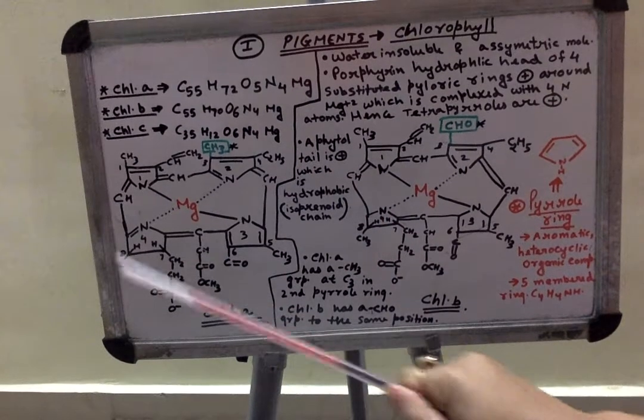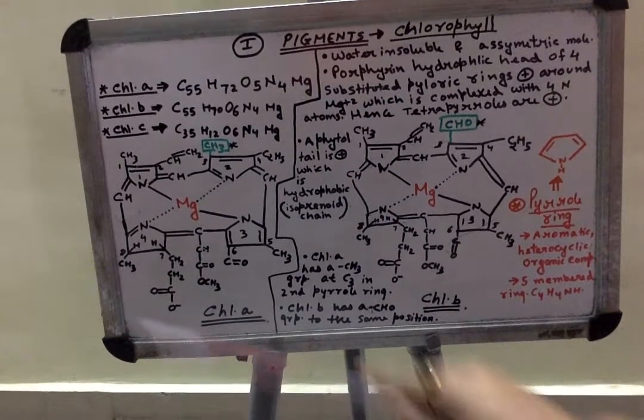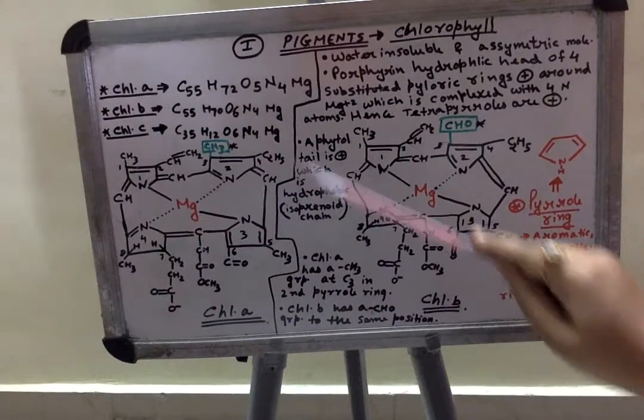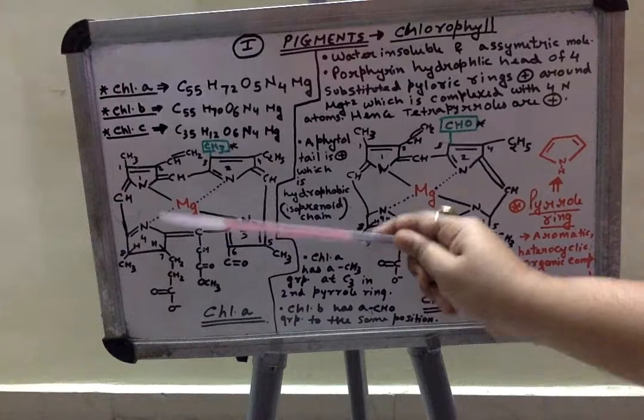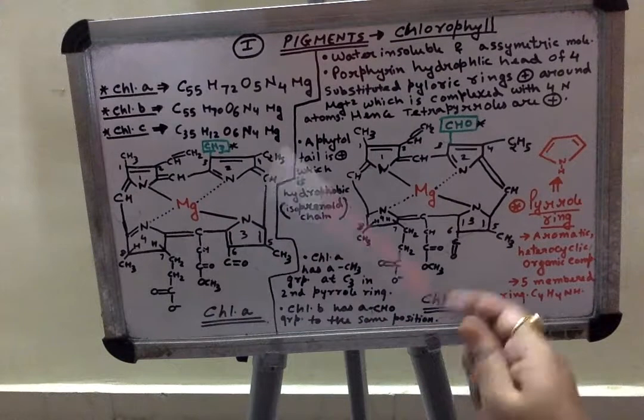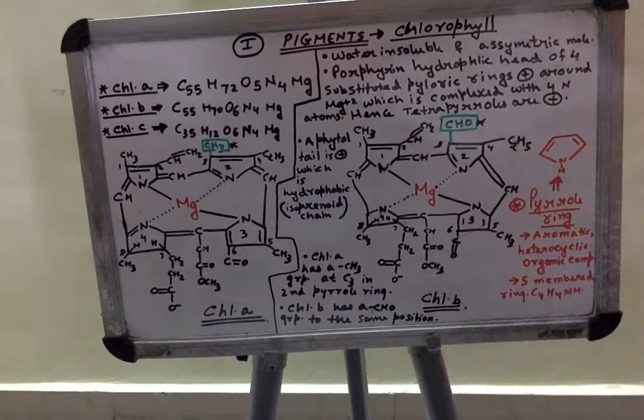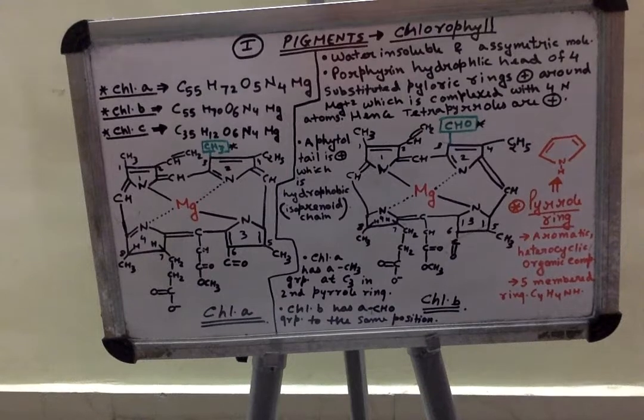So the part above the phytol tail is water soluble, and the lower portion, the phytol tail, is hydrophobic or water insoluble.